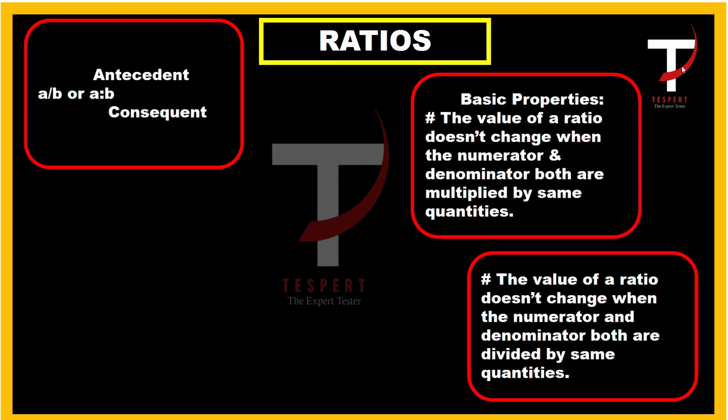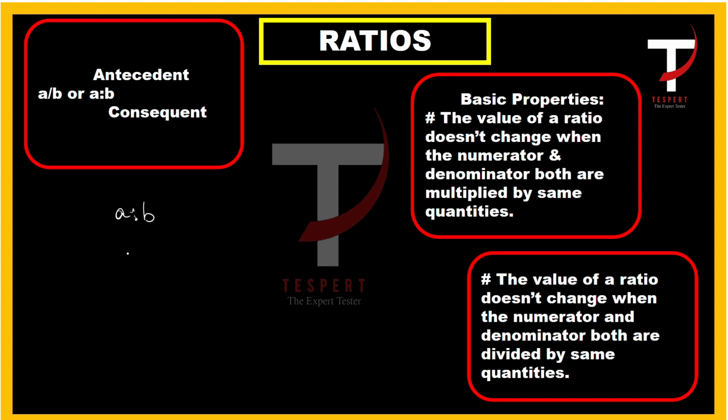For instance, a ratio between two or more quantities tells us that one quantity is how many times the other quantity. We can express a ratio as A is to B. Any ratio can be expressed as A is to B if we compare two quantities.